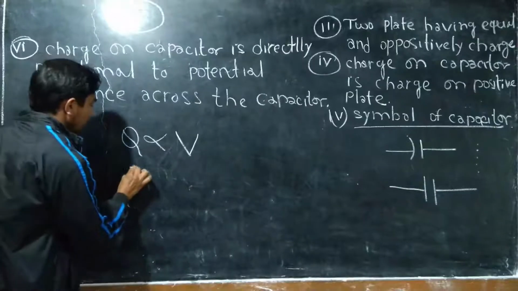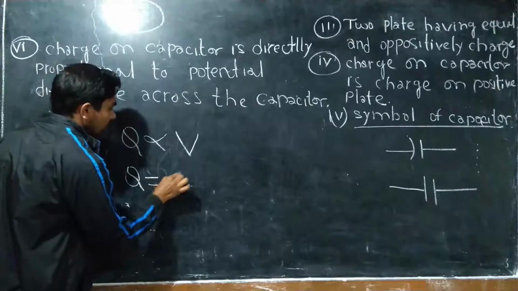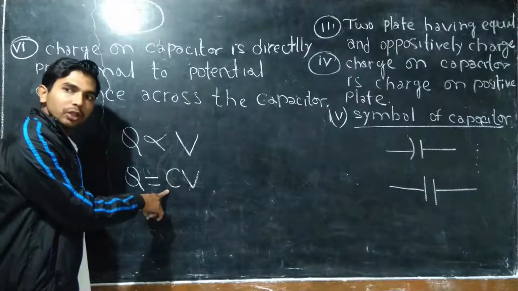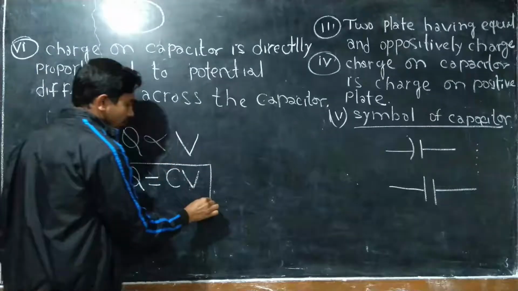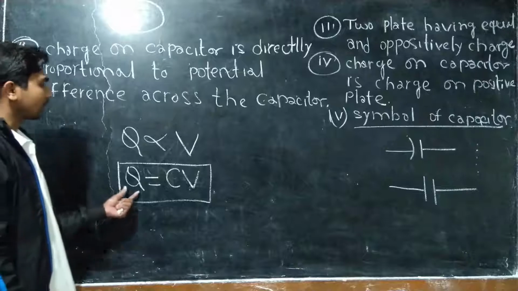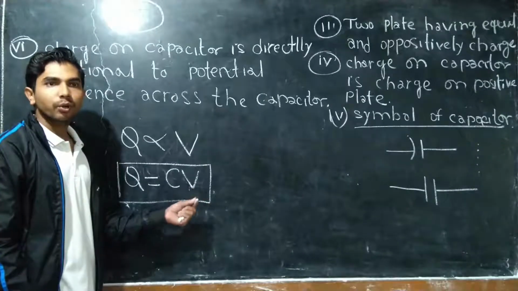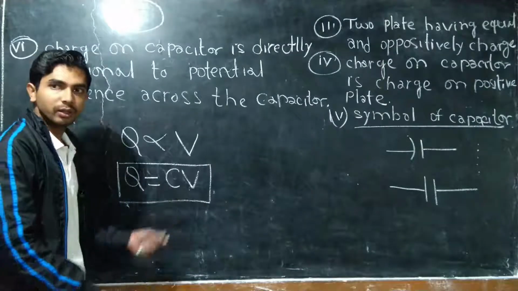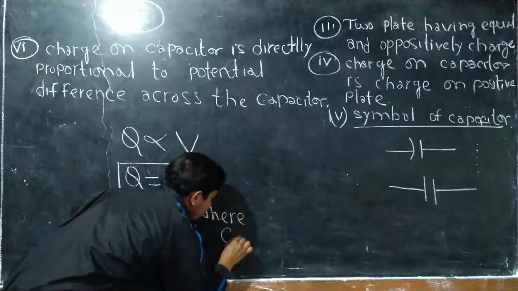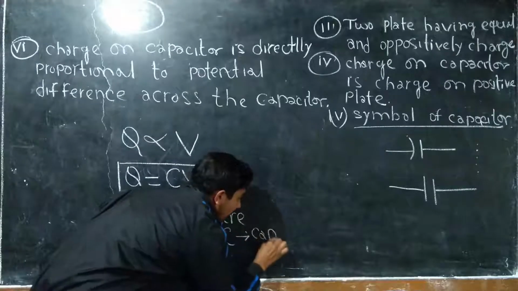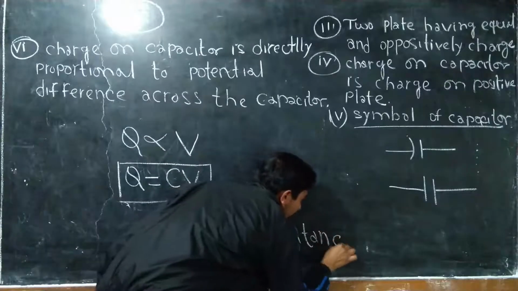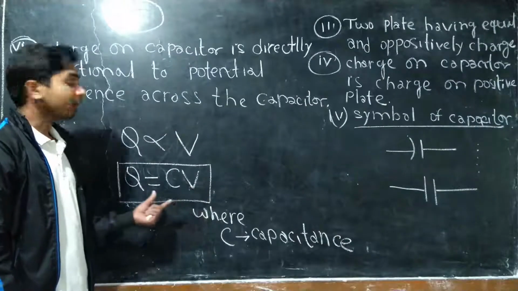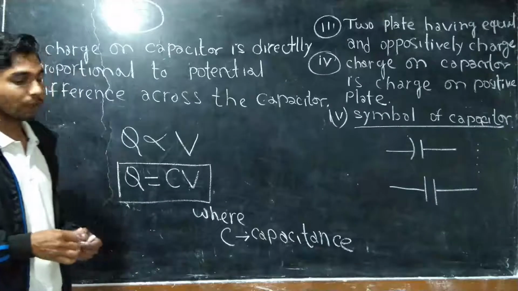Now to remove the proportionality, I have to bring in a constant. This constant is known as capacitance. So from here you get one formula: charge on the capacitor is Q = CV, where C is the capacitance, V is the potential drop across the capacitor, and Q is the charge on the capacitor.